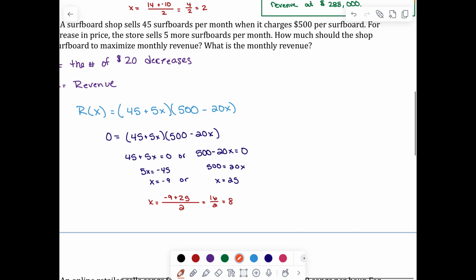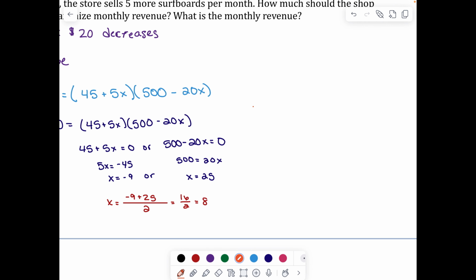So what is our price? Well, the price is 500 minus 20 times 8. So 500 minus 160 gives us 340. So we're selling for $340.